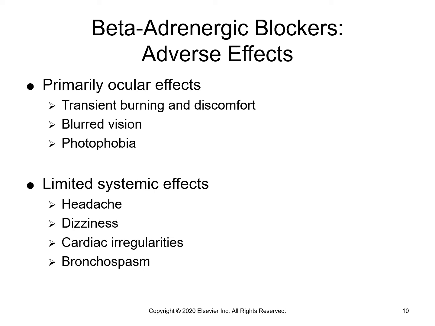So you really want to include a past medical history with your assessment. That's super important, and identify conditions like asthma, cardiac conditions, diabetes. We talked about the effects of beta blockers on hypoglycemia awareness. So you would definitely want to include that in the glaucoma assessment with other medical conditions.